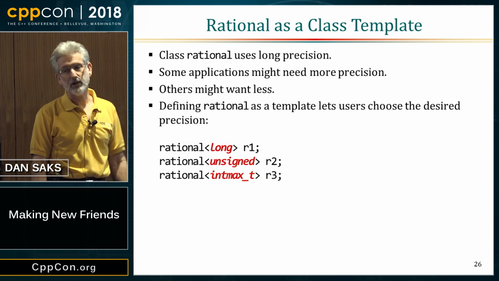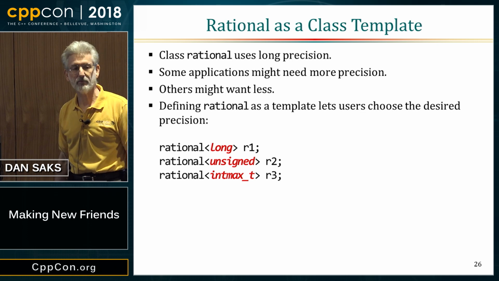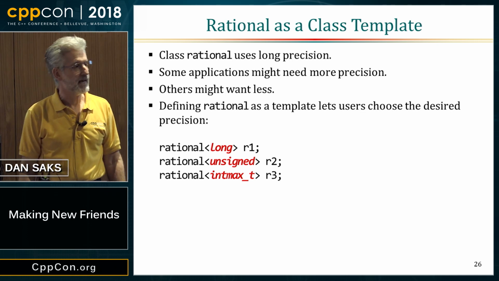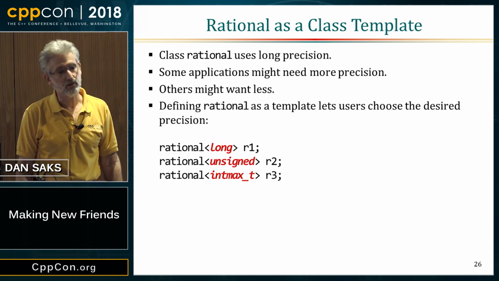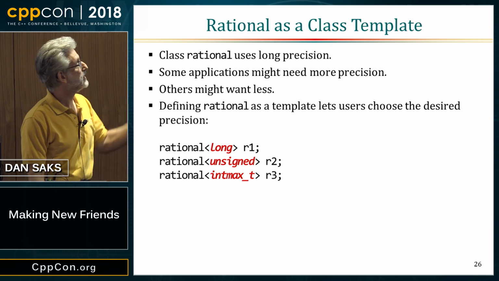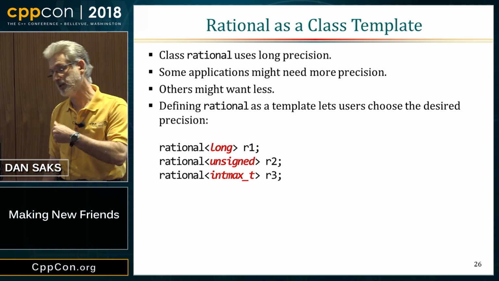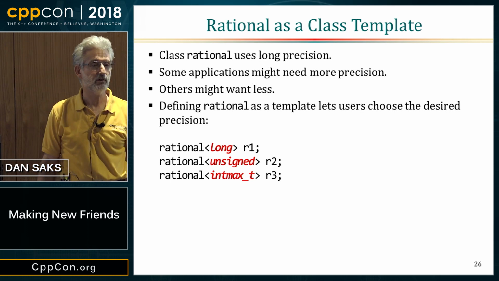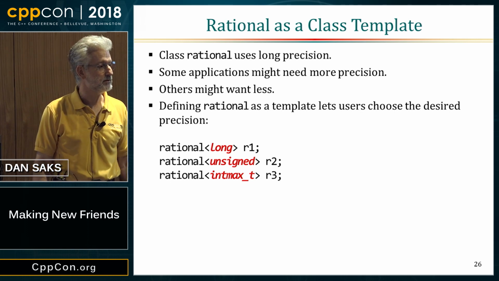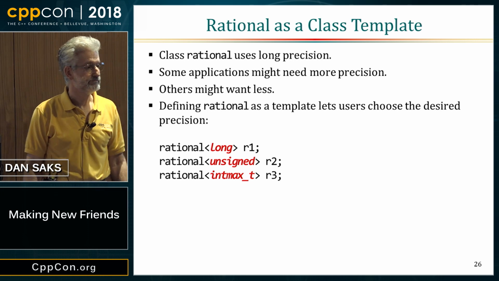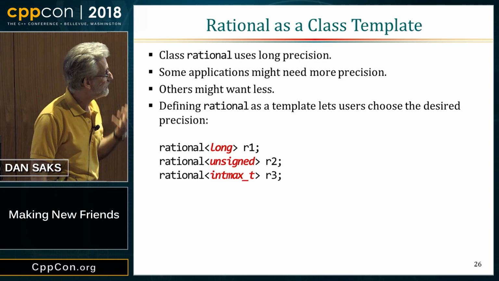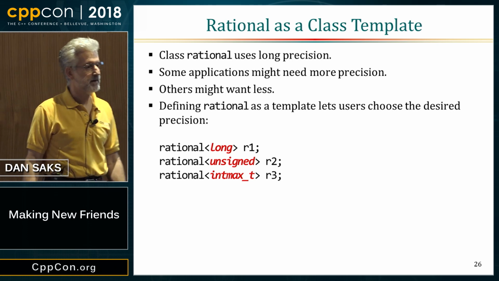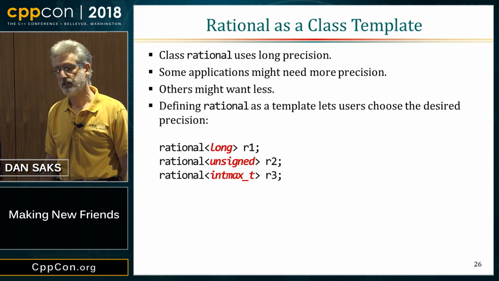Okay, now here's where it gets interesting, is that rational numbers are a good candidate for turning into a template, because it's easy to imagine that people are going to say, I like what you've done there, but I don't want to be obligated to do all of my arithmetic as long precision. Can't I have long long, or something even bigger? Or if I'm pressed for space, maybe I want to represent it with less precision.